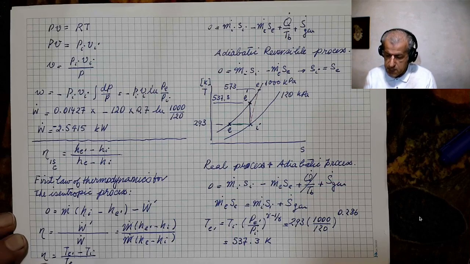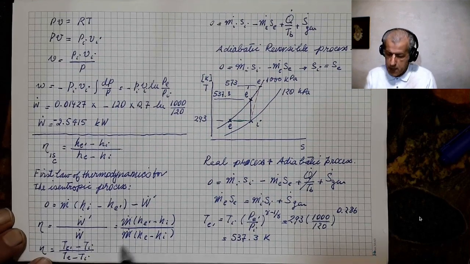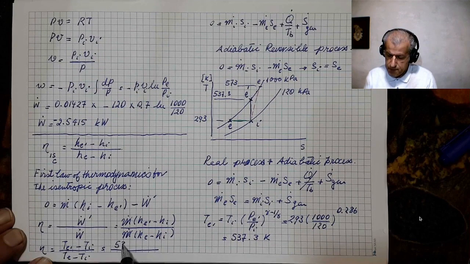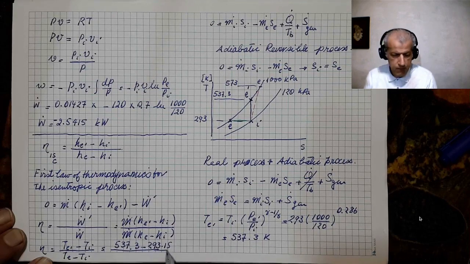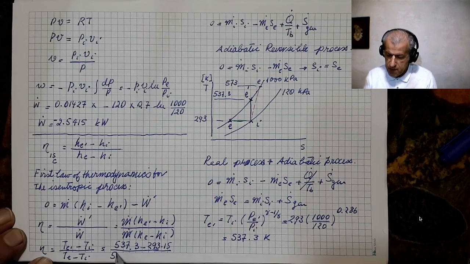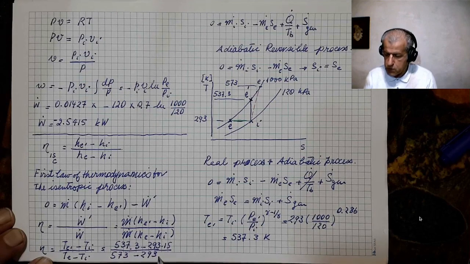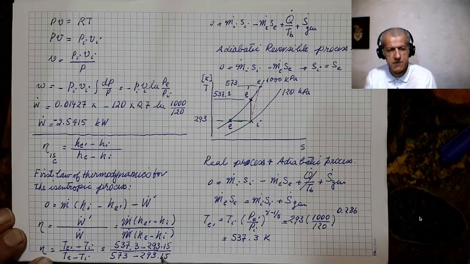That would be Te minus Ti, and that equals 537.3 minus 293.15 divided by 573 minus 293.15, or I have sometimes ignored it.